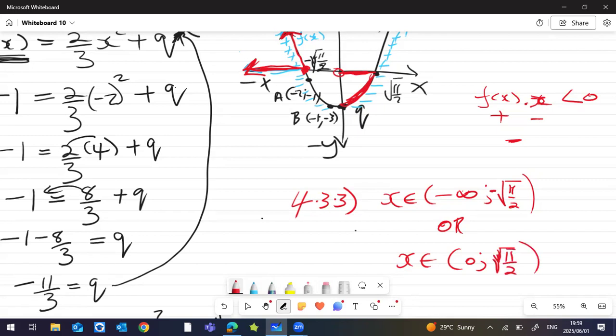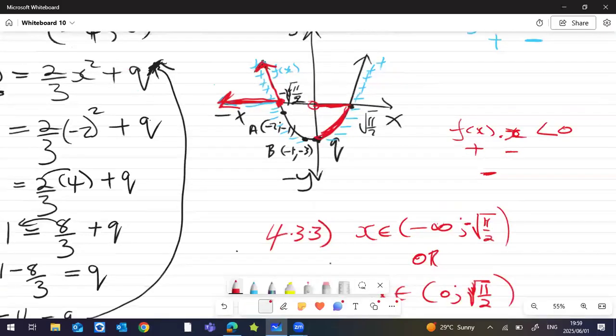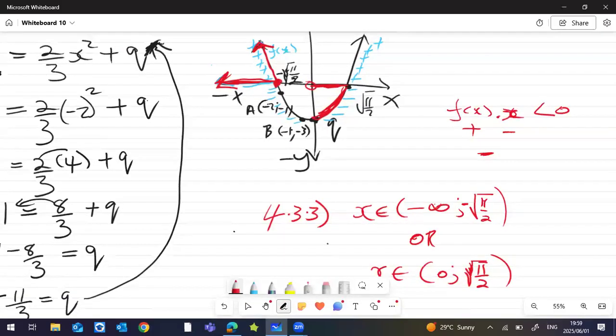So that will be your solution. From minus infinity to negative square root of 11 over 2, that's where the product is negative. Another solution is between 0 and the square root of 11 over 2. So that's how this one will be answered.